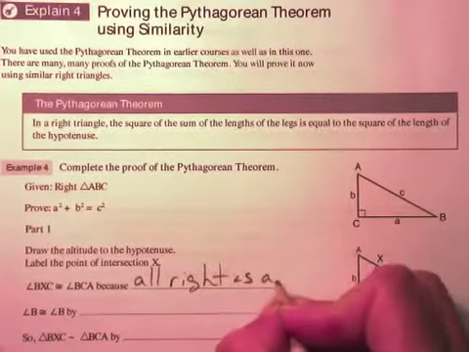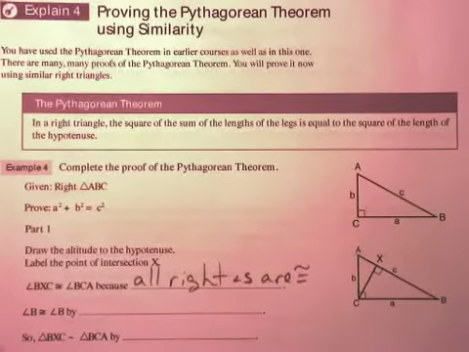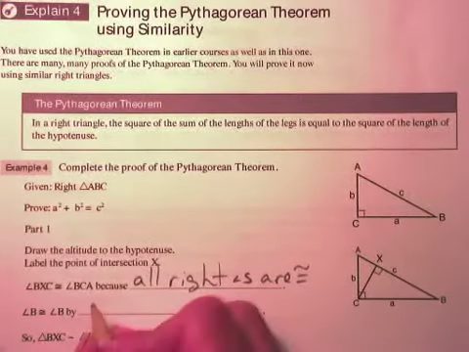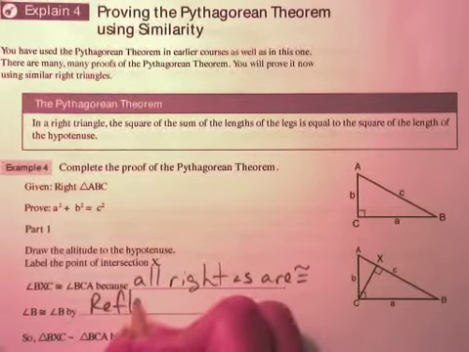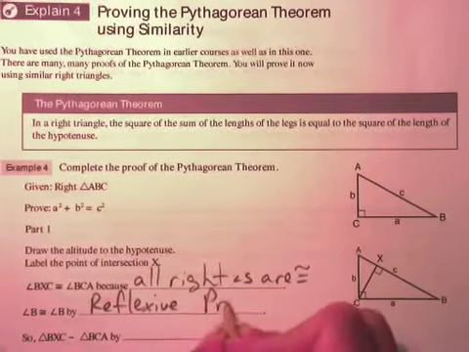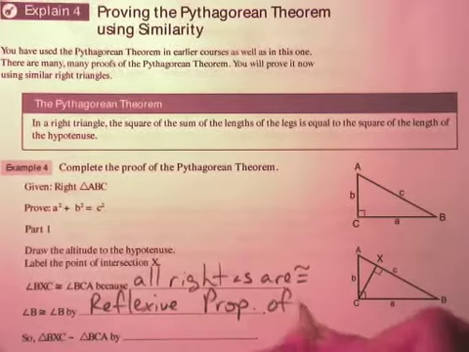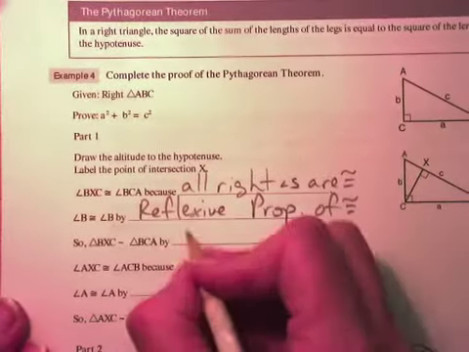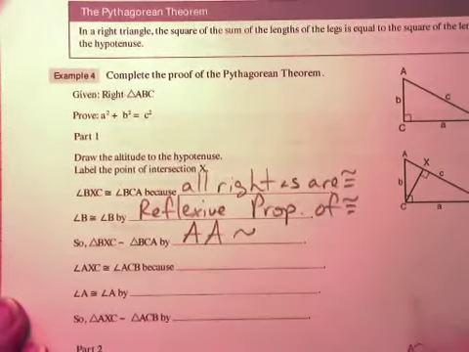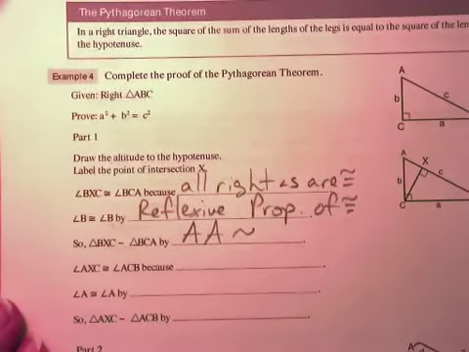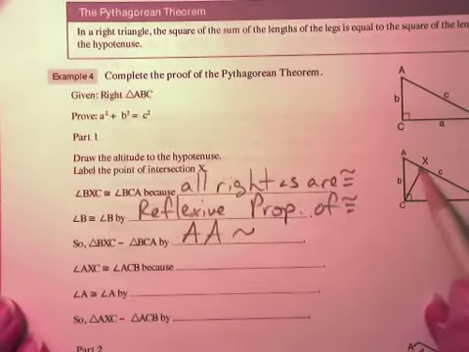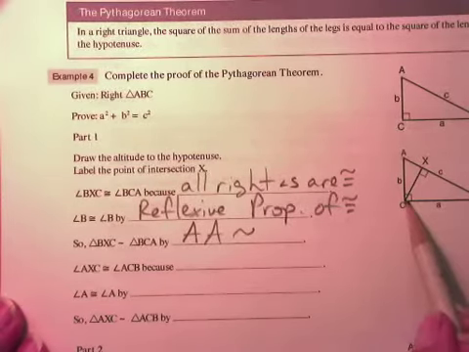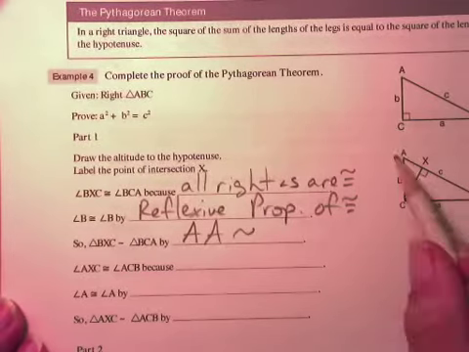All right, so I know that angle BXC is congruent to angle BCA because all right angles are congruent. Angle B is congruent to angle B by reflexive property. So triangle BXC is similar to triangle BCA by angle-angle similarity.